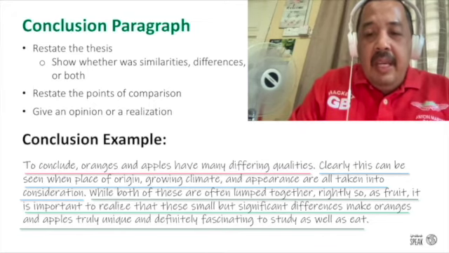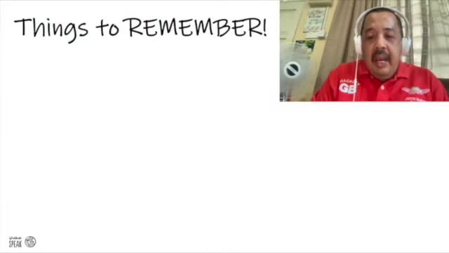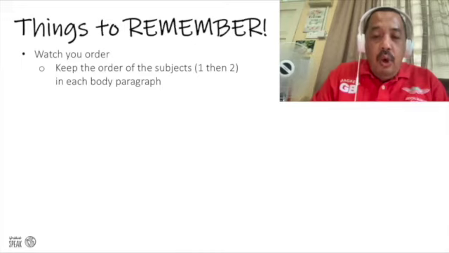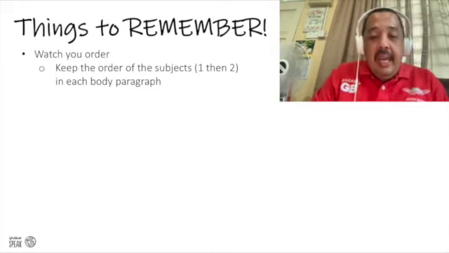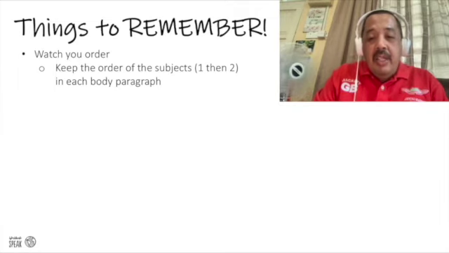Okay, there are some things I would like you to remember, and that's number one: watch your order. Remember when I talk about the point by point in the thesis, you have your points of comparison. Well, you need to make sure the body paragraphs match up to those points of comparison. If you mention something first, it's got to be the first body paragraph.